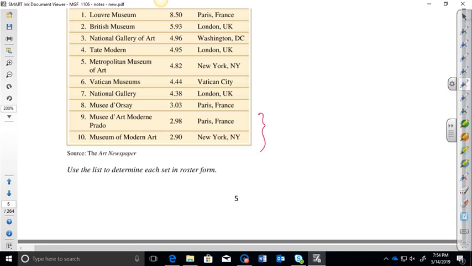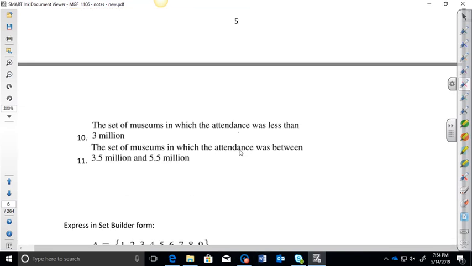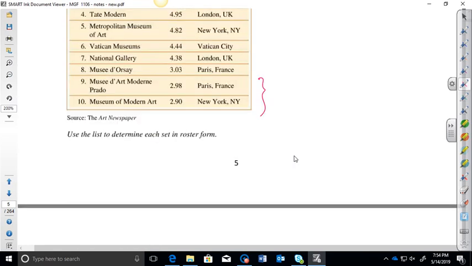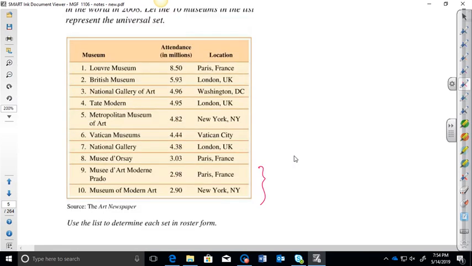So you may want to write those two museums, Museum of Modern Art and the other one. Those are the ones less than 3 million. The next is the set of museums in which attendance was between 3.5 and 5.5. 3.5, so start from here, and 5.5, so stop there. That's good. Yes. So write those.